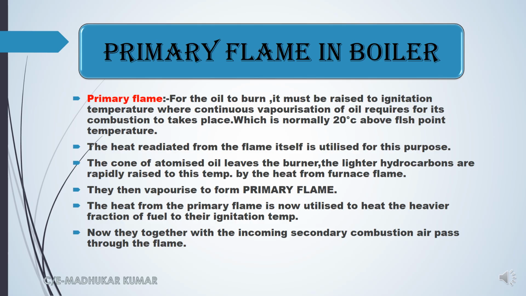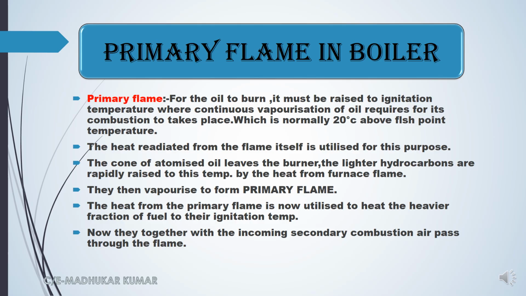When we know the normal flash point, the flammable vapors are formed and flashes occur. But here we need continuous vaporization of oil for continuous burning and creation of the primary flame. So it needs about 20 degrees centigrade more than the flash point of that particular oil.